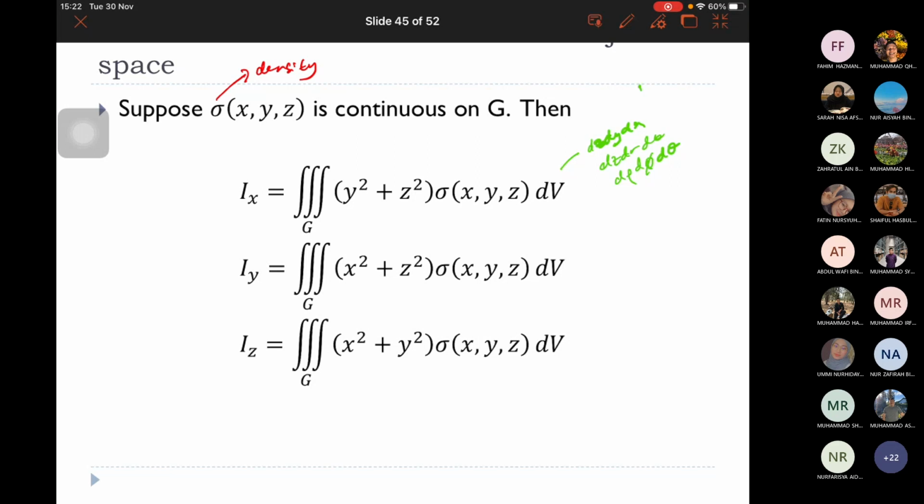If it is the x-axis, you have y squared plus z squared; if it is the y-axis, x squared plus z squared; if it is z, it will be x squared plus y squared. So this is the inertia on the x-axis, y-axis, and also z-axis.